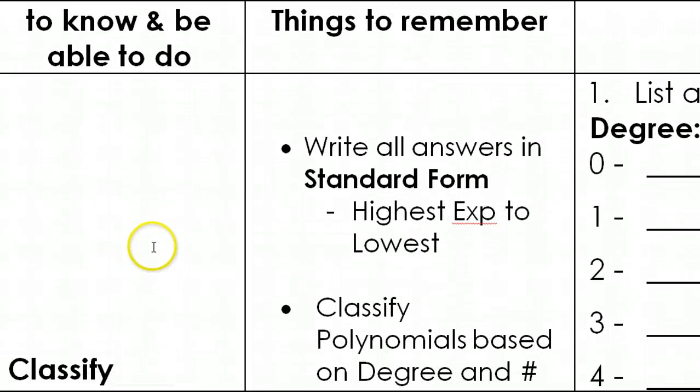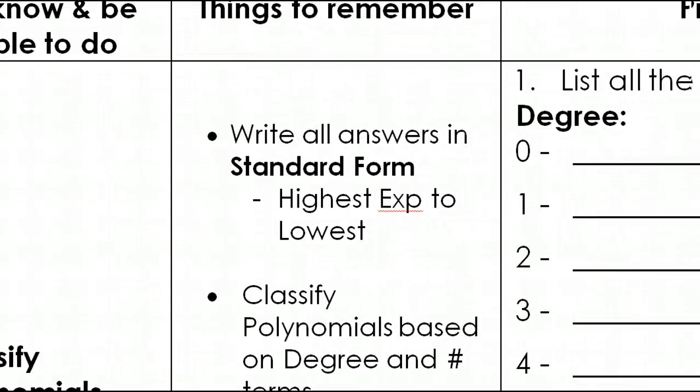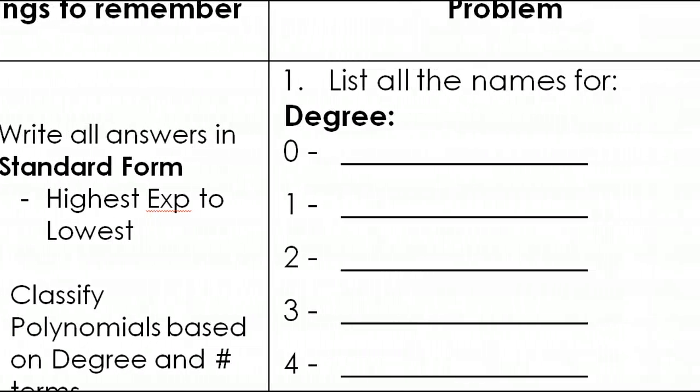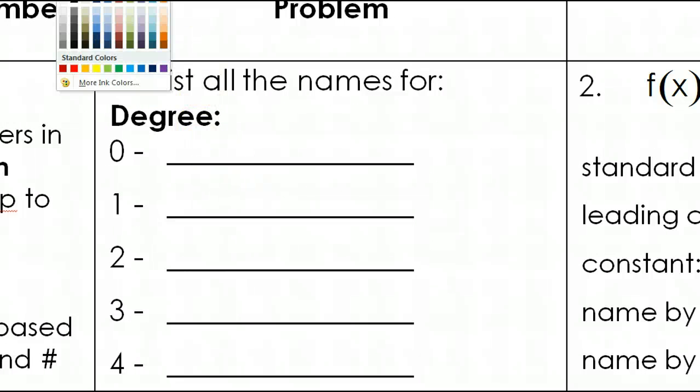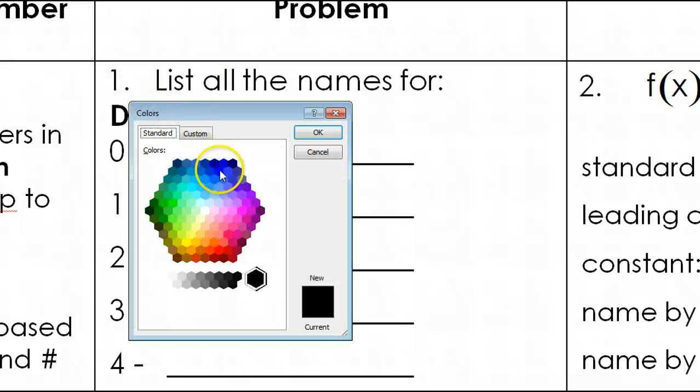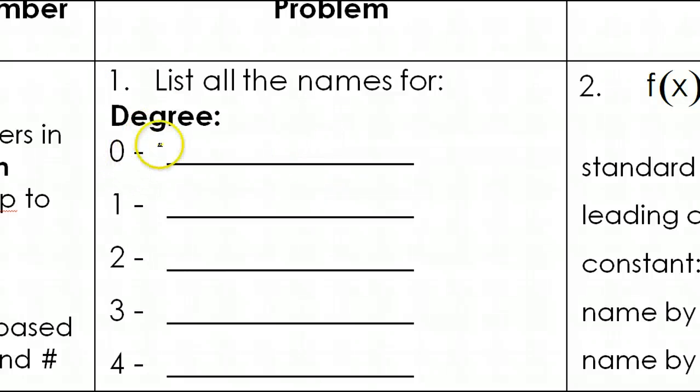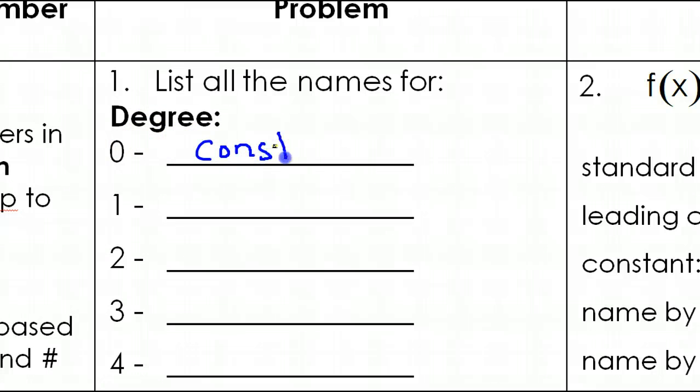So let's review that a little bit. Classifying polynomials. One way to classify polynomials is by degree. So, if the degree is 0, that is a constant. If the degree is 1, that is linear.